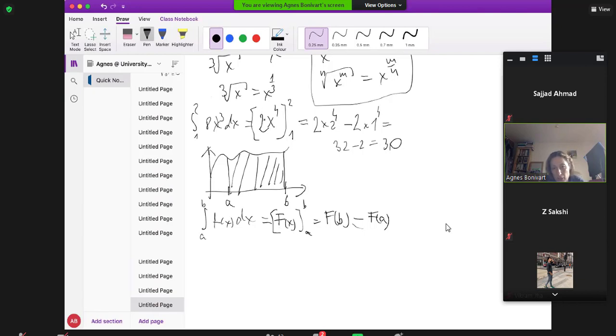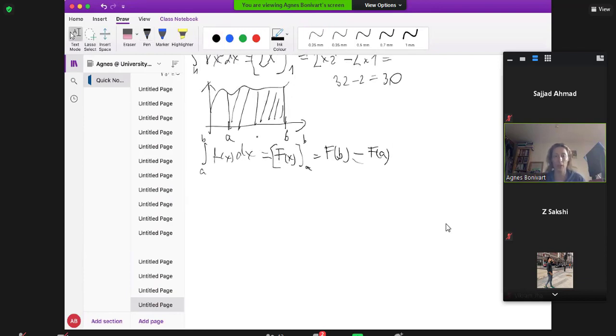When you have the integrated function, then you take care of the limit and write it here, and then you substitute them. So first step, integration. Second step, substitution. Don't forget to integrate, because some students forget to integrate.